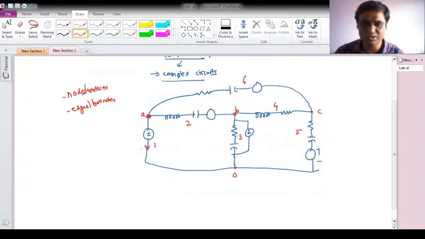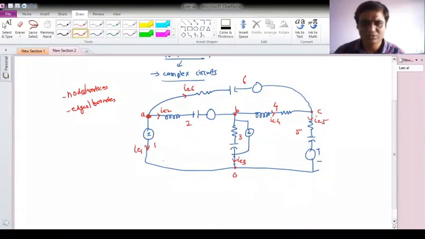So suppose this is the current in the first branch, and this is the direction of current for the second branch, this is say IE3, randomly I have given IE4, say this is IE5, and suppose this is IE6.